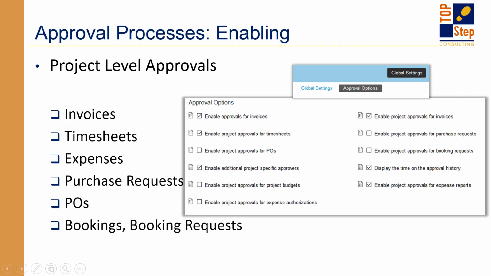And again, here you have the ability to select the additional project approvers. That one is here, which I'll talk about in just a moment, the additional fields, or you can enable approvals for invoices, for timesheets, for bookings or booking requests, depending on your workflow and modules in use.